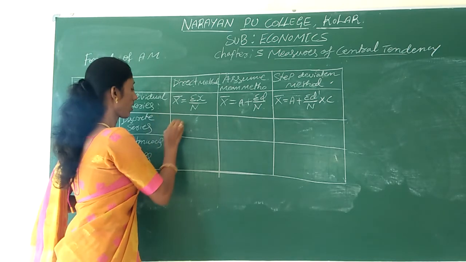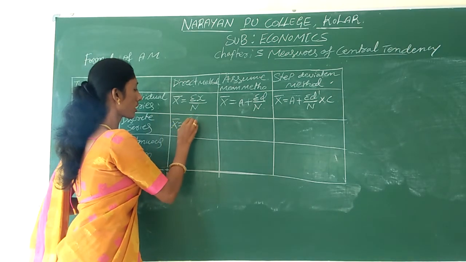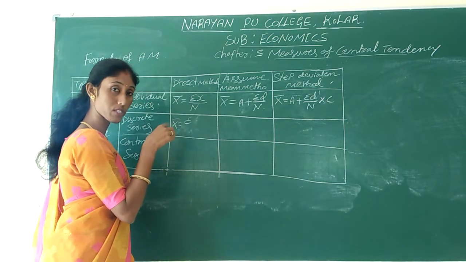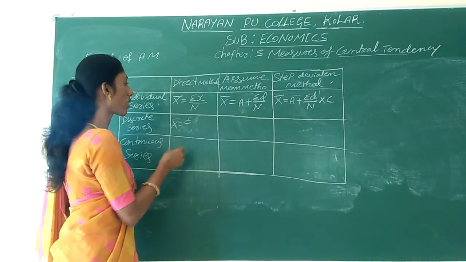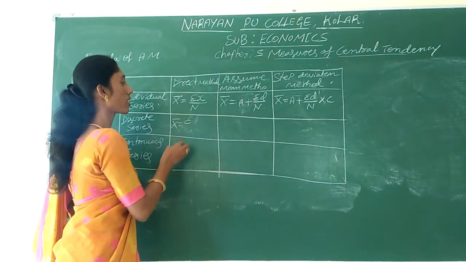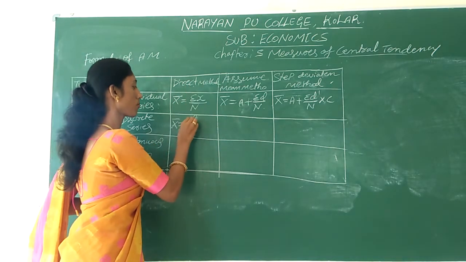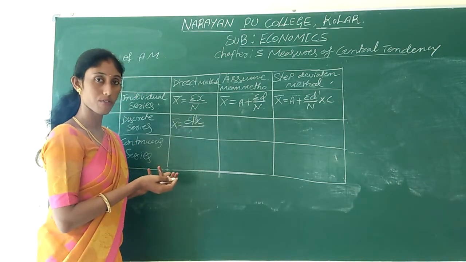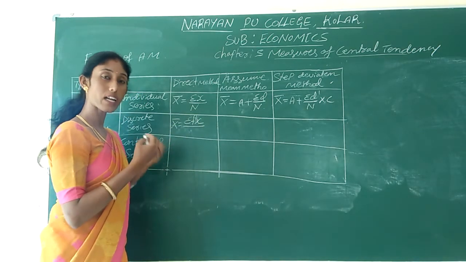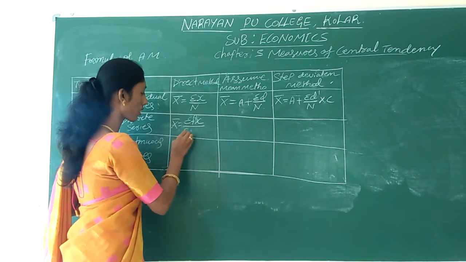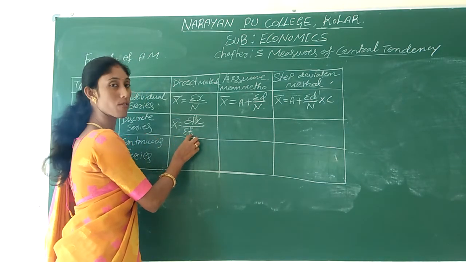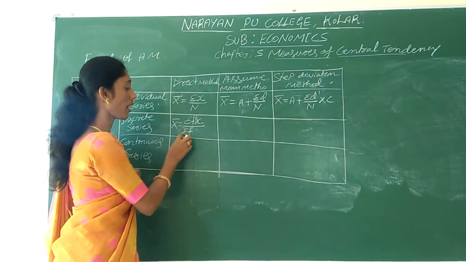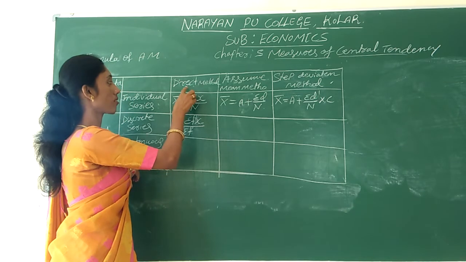Here x bar is equal to sigma, f will be added. In the individual series only observation x will be there, but here f will be added. That's why add f in sigma x, sigma fx, and instead of n we can write sigma f, sum of all the frequencies. Sigma fx divided by sigma f when we use the direct method.